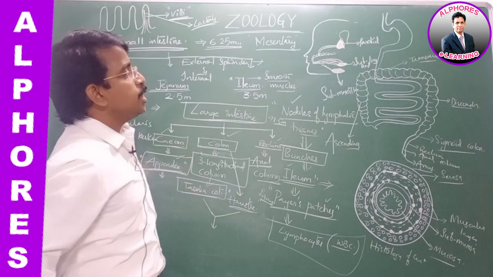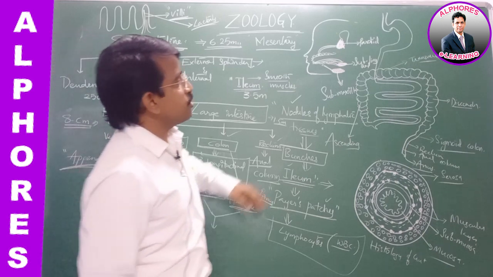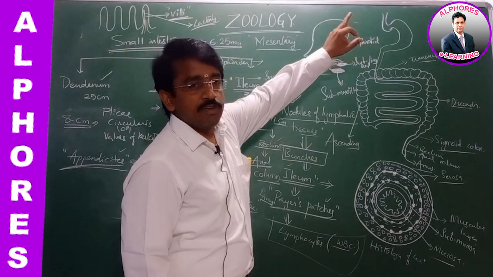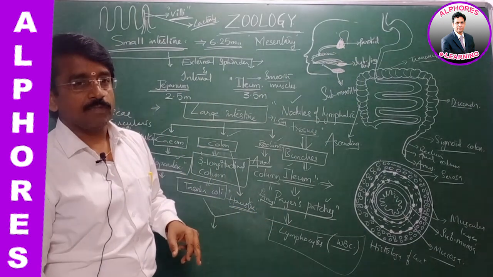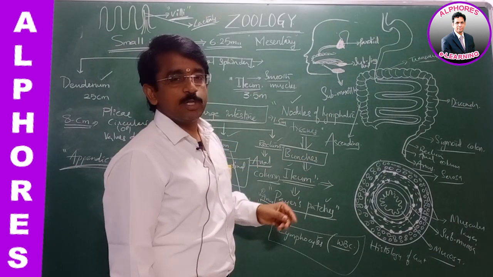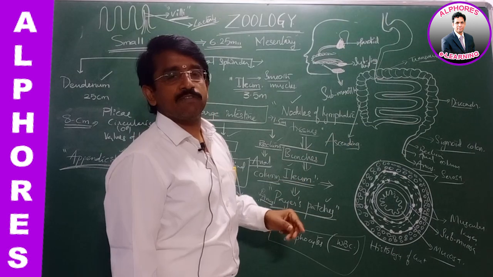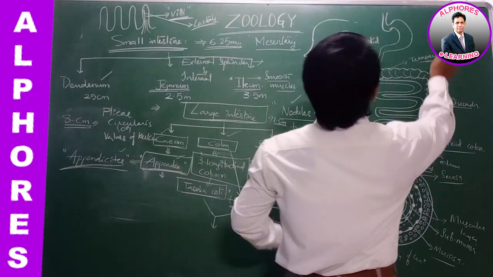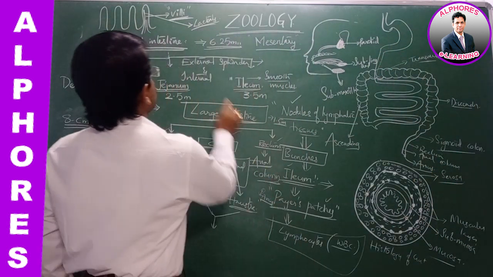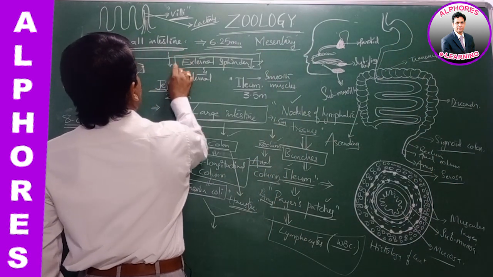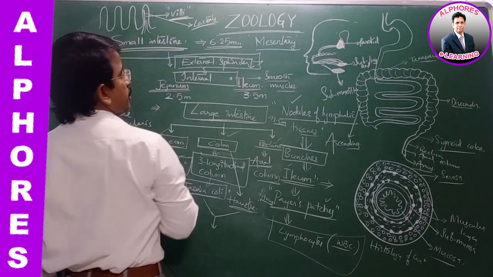Earlier we have seen in the case of the stomach, there are the cardiac sphincter and the pyloric sphincter. In the same way, the anus is surrounded by sphincters. The two sphincters surrounding the anus are named the external sphincter and internal sphincter.